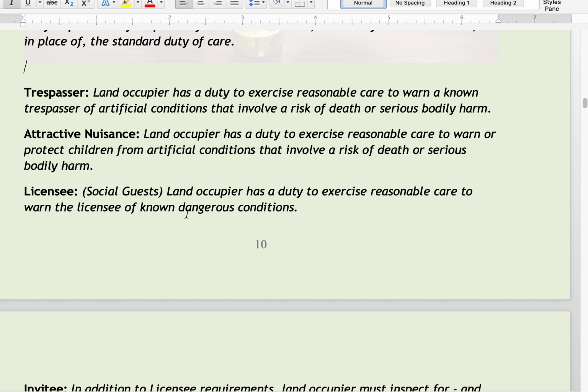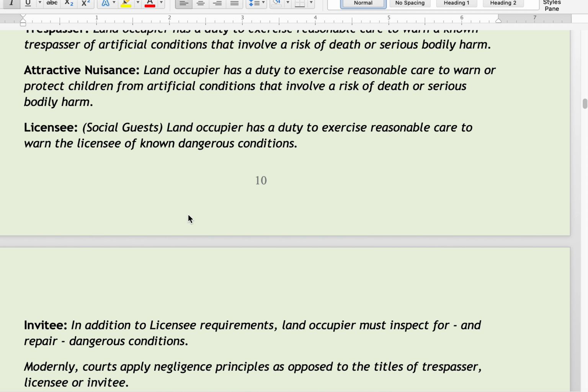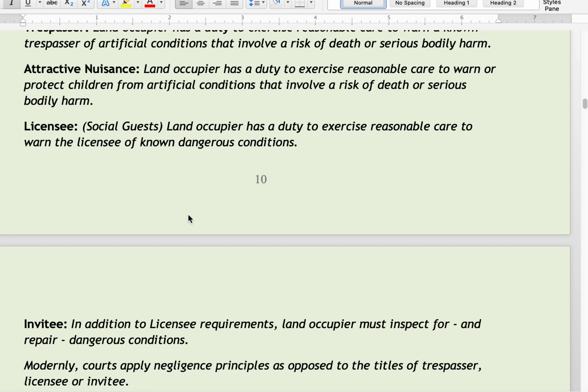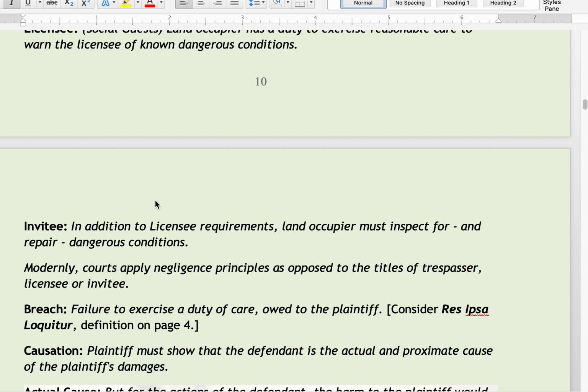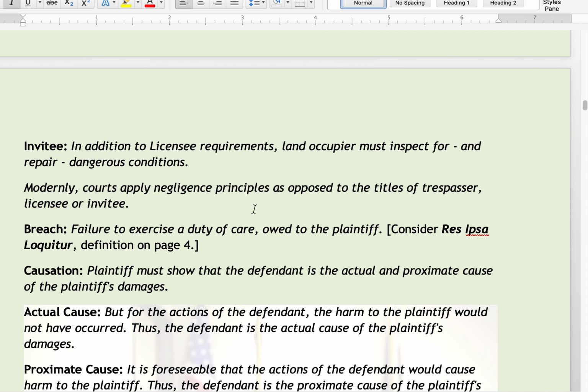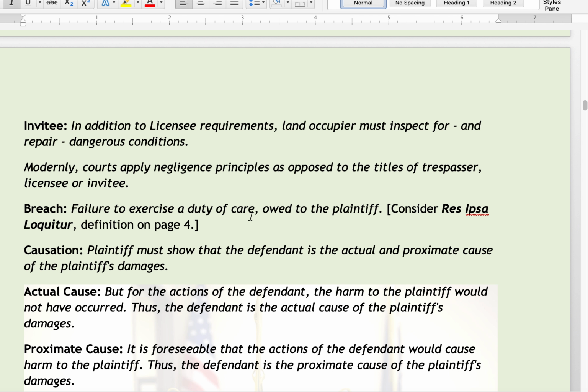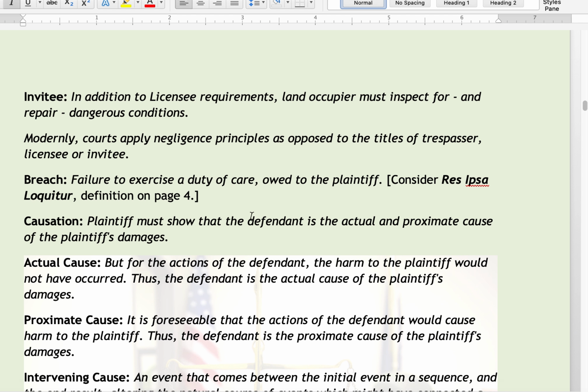Licensee, social guests. Land occupier has a duty to exercise reasonable care to warn a licensee of known dangerous conditions. Invitee. In addition to the licensee requirements, land occupier must inspect for and repair dangerous conditions. Modernly, courts apply negligence principles as opposed to the titles of trespasser, licensee, or invitee.